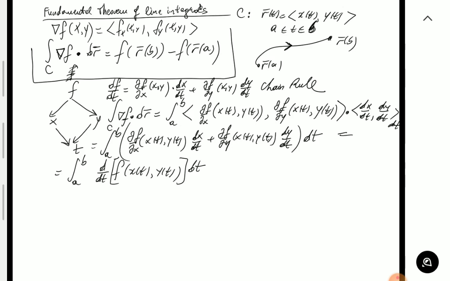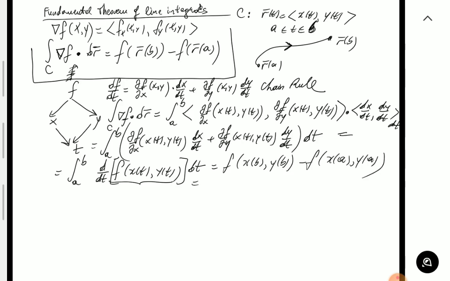But this is nothing but the fundamental theorem of calculus from Calculus 1. It's the integral of a derivative with respect to t. What do we know from Calculus 1? That the antiderivative is just f, evaluated at b, so f of x of b, y of b, minus f of x of a, y of a.